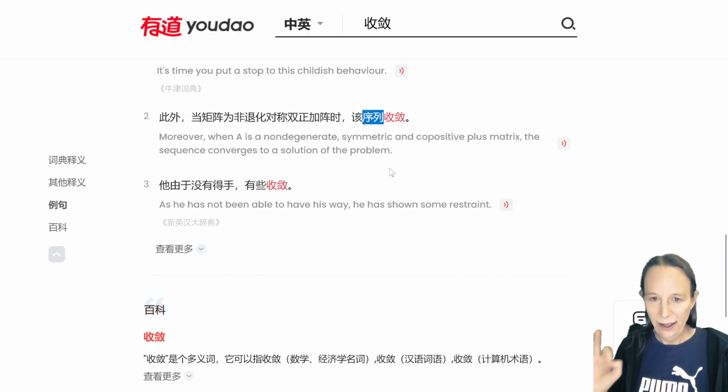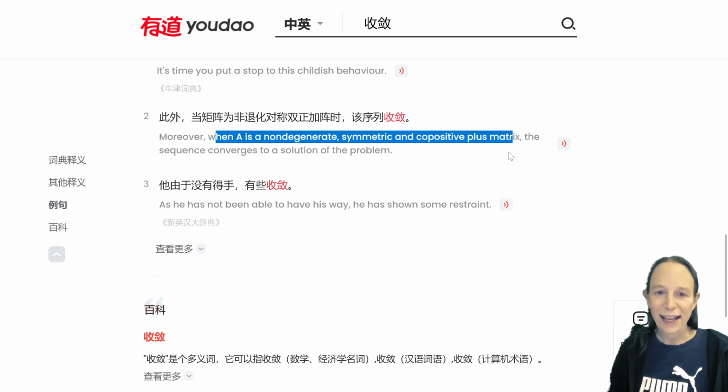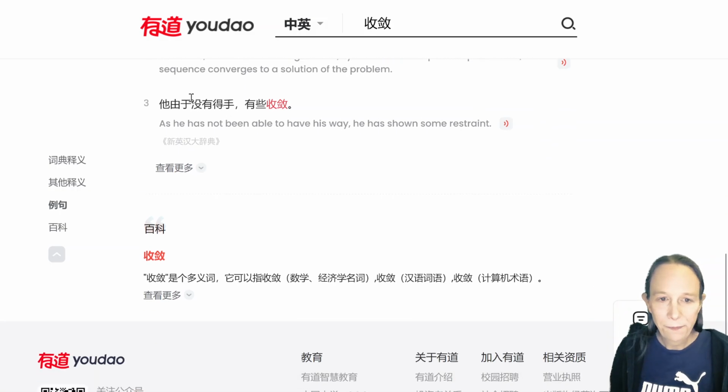该序列收敛. This sequence converges when this matrix has those properties. 它由于没有得手有些收敛.